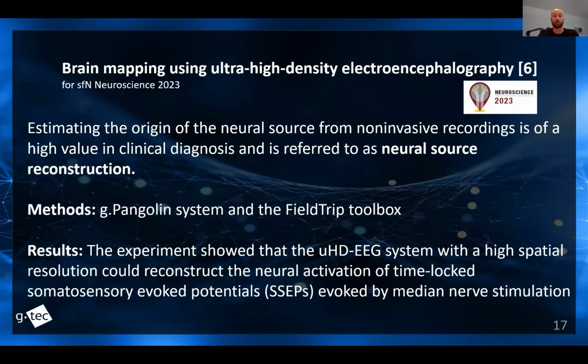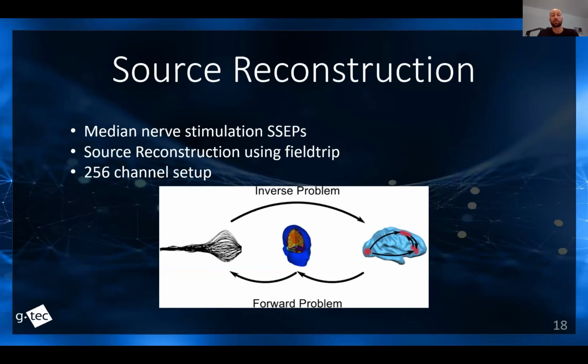And we used somatosensory evoked potential from a median nerve stimulation. So here the goal is to solve the inverse problem. And we used, in this case, 256 channels. But of course, I have to mention that in further investigations, the whole scalp would need to be covered for best results of source reconstruction.